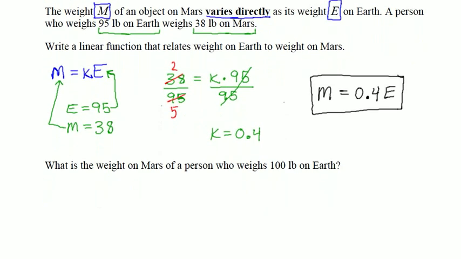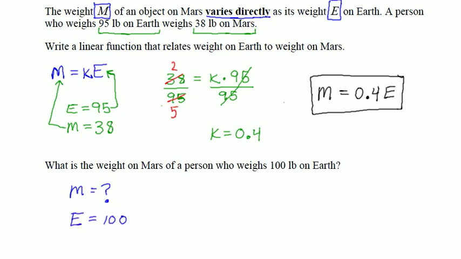For the second part, I want to find the weight on Mars of a person who weighs 100 pounds on Earth. This is telling me that I don't know M, but I do know that E is equal to 100.